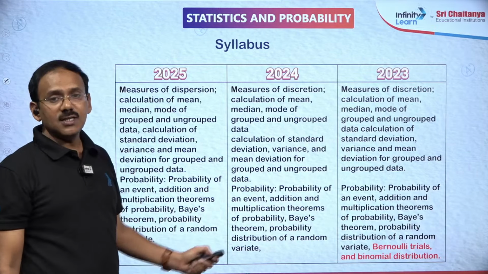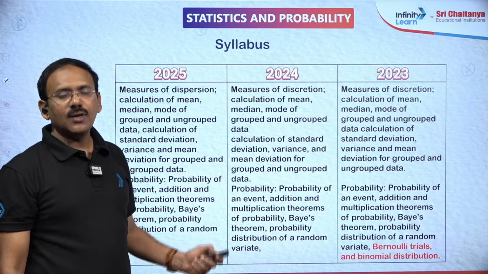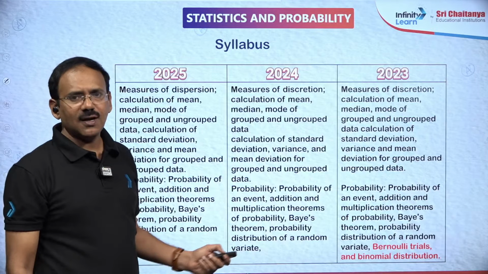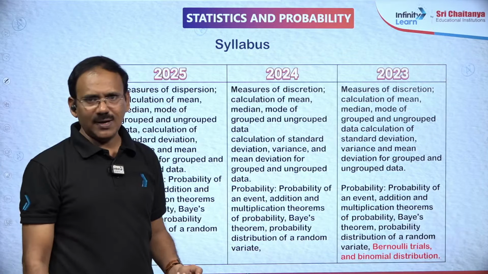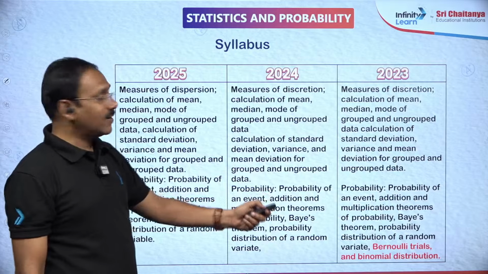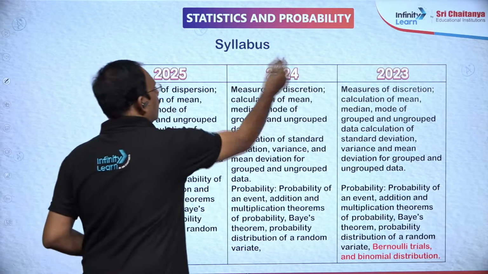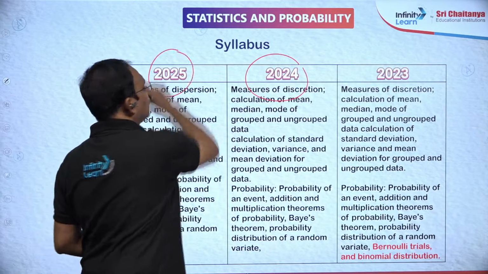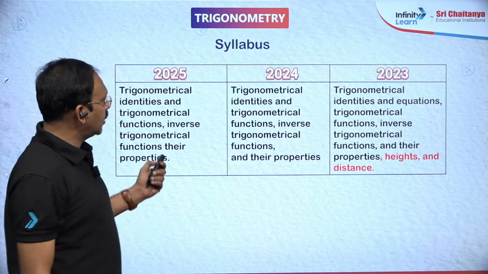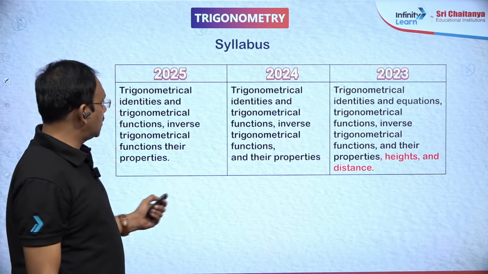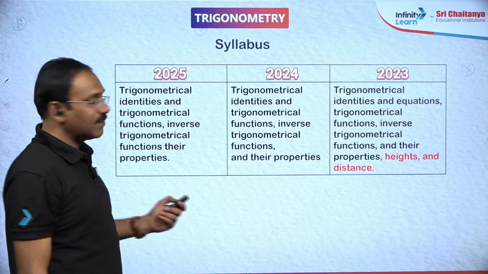So the binomial distribution you can give last priority, or just 3-4 formulae will be added. So that is the difference between the syllabus in 2023 and 24, but 24 and 25 I can say have no difference in the syllabus.